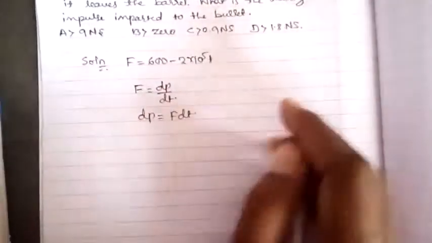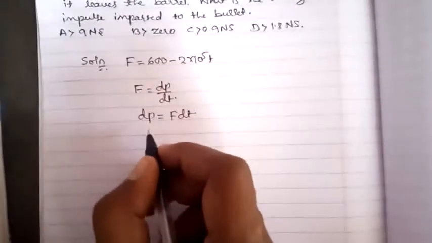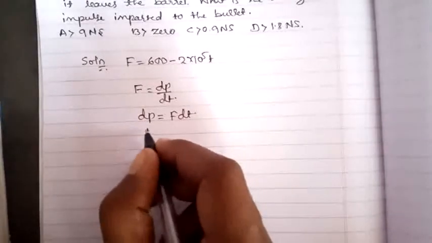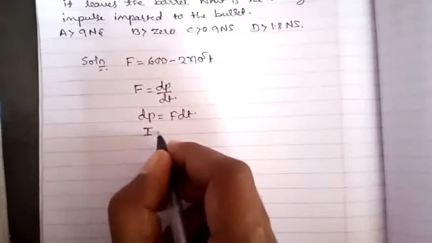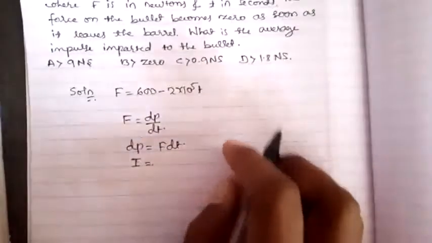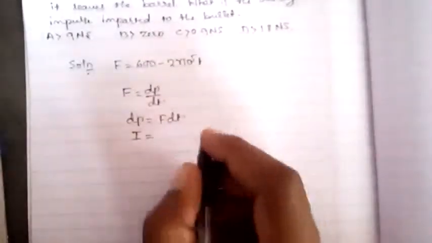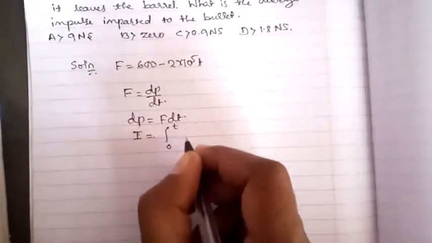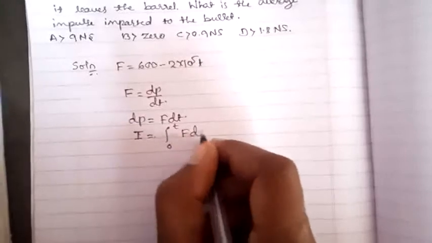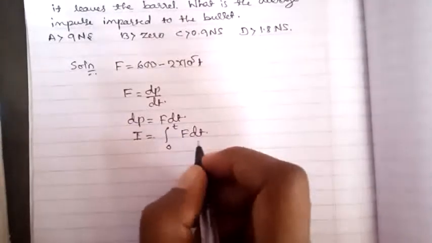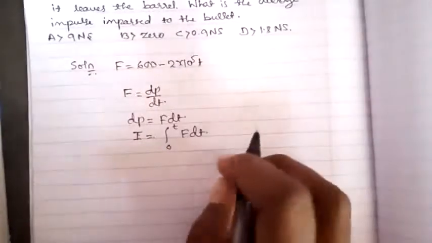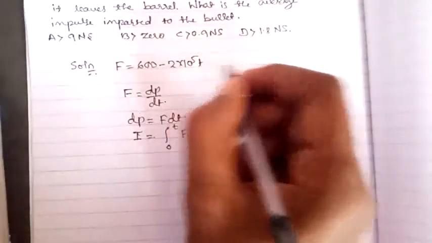So what is dp here? Dp is nothing but the change in momentum. Then we are going to find the total change in momentum of the bullet when it leaves the barrel, by taking the integration from 0 to t of F into dt. So we are going to find the impulse now. How to find the impulse here? First we have to find the time.